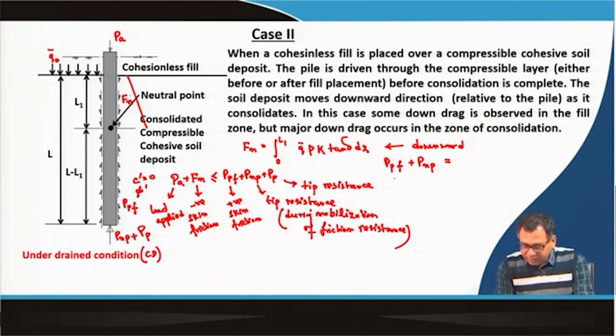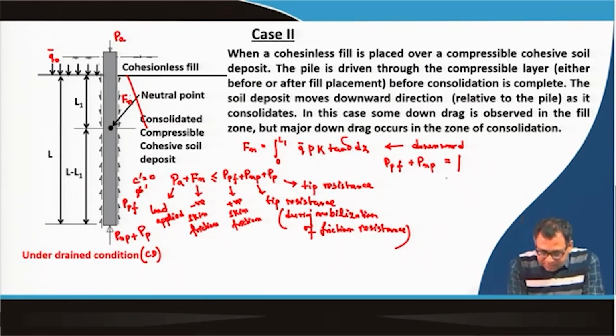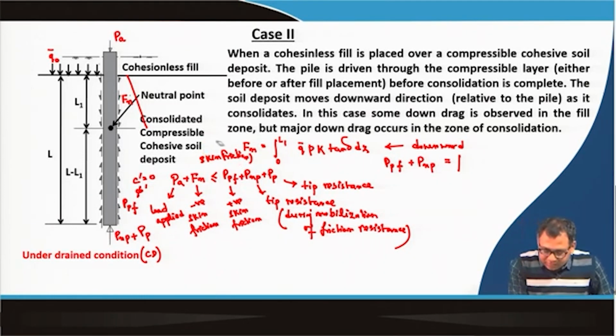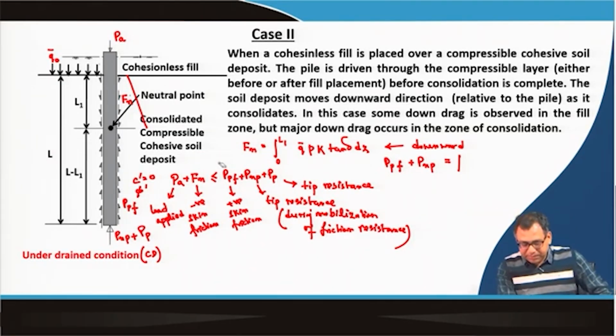Okay. So, that is positive friction resistance, and positive friction resistance will be not 0, because Fn is the negative friction resistance or negative skin friction. These terms I have already written, so it is not required to write them again, because it will only kill the space.